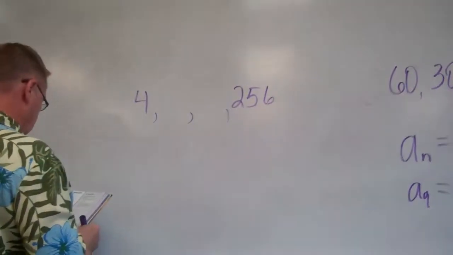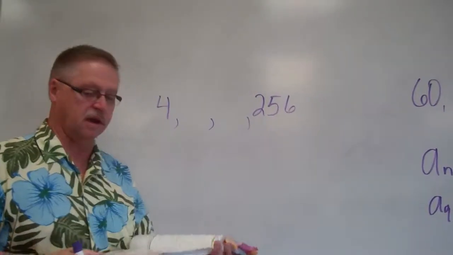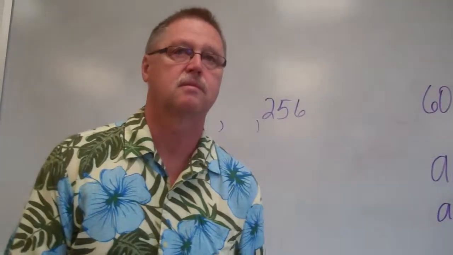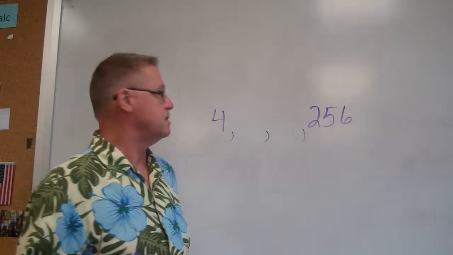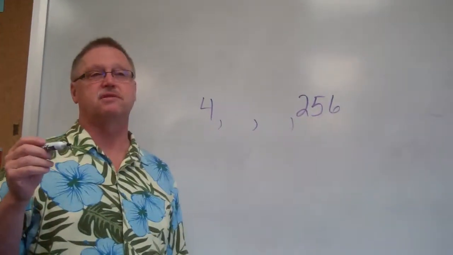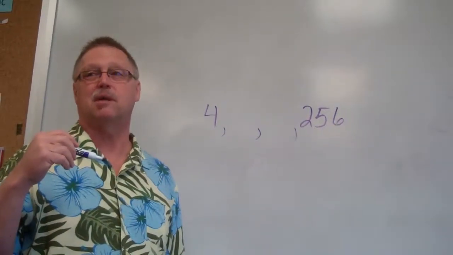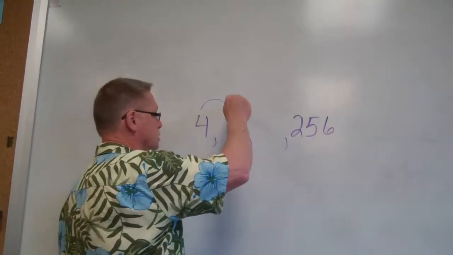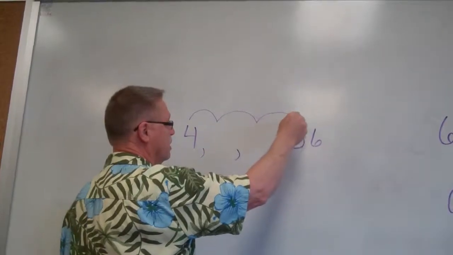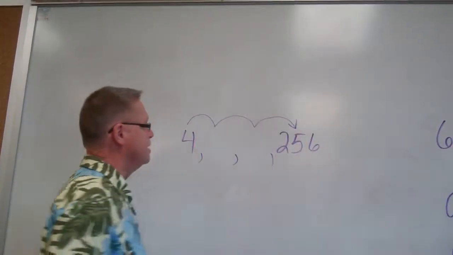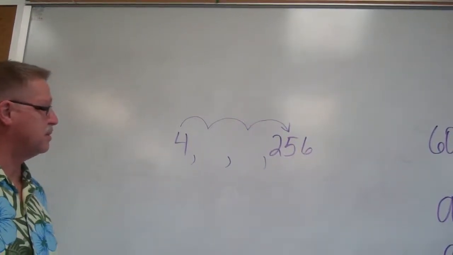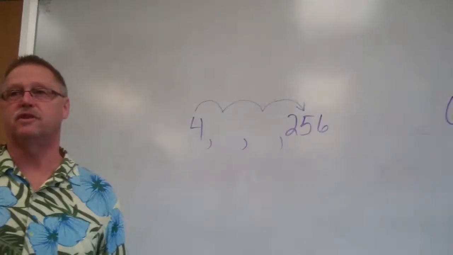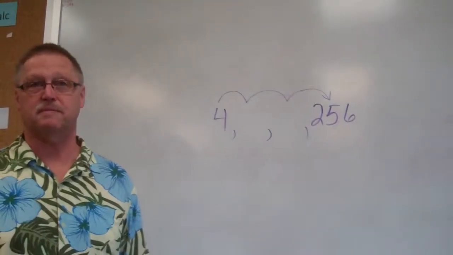We have to figure out the pattern and insert the missing numbers. The first step is to figure out how many jumps that was. It's one more than the number of missing means. It's going to be 3 jumps to get from 4 to 256.